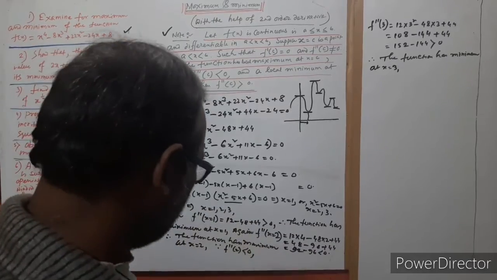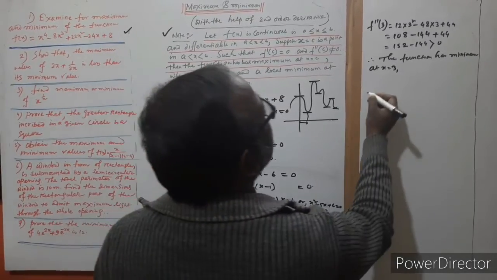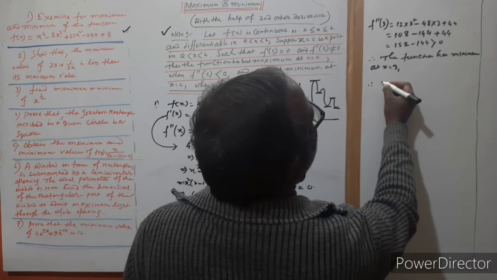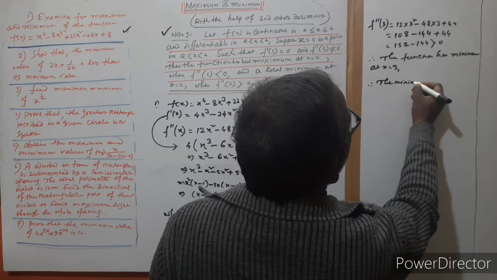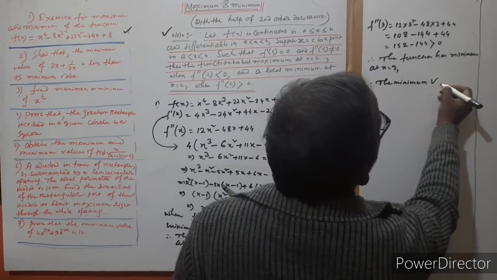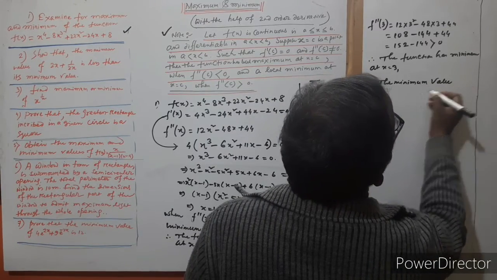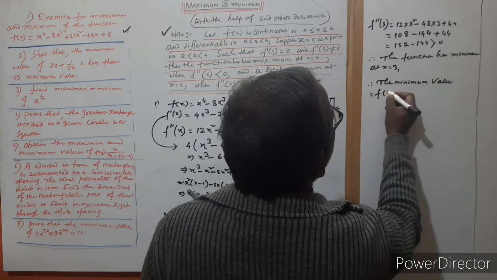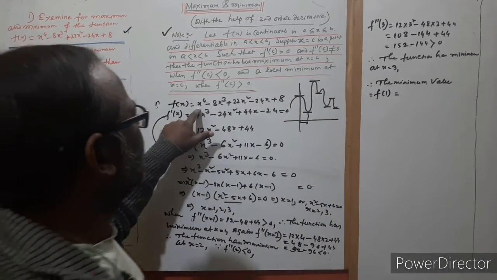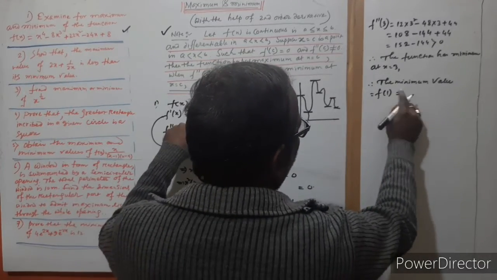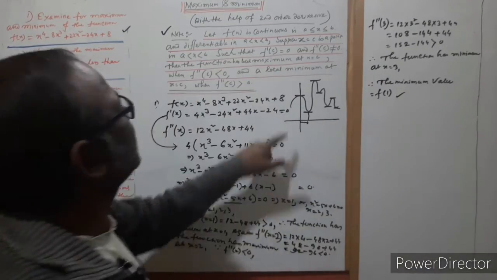Therefore, the minimum value is equal to, we have to find f of 1. Actually 1 minus just, and this is f of 1. Okay, and then we simplify this.